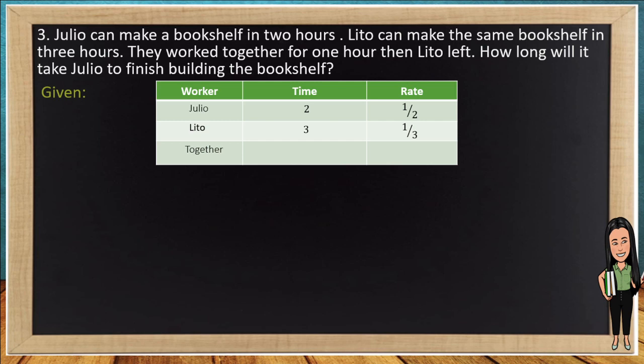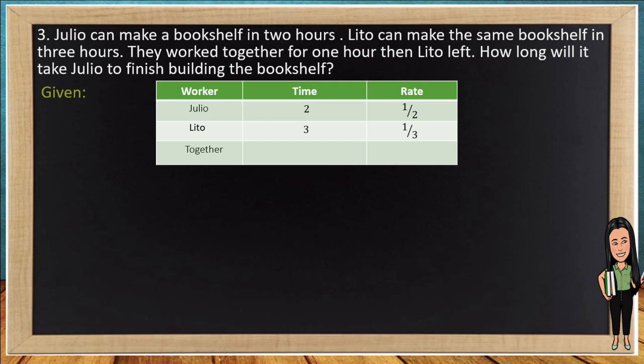Pero dito kasi hindi na natin siya i-represent. Diba, if we get the sum of the rates of the two workers, it will be equal to the rate of the task if done together. Kapag inadd natin yung 1/2 at 1/3, yun ang rate if they will work together.